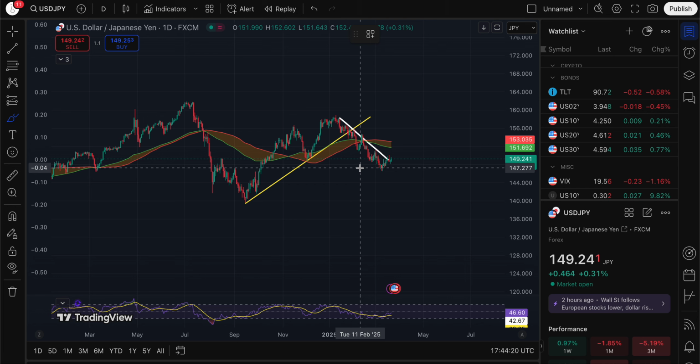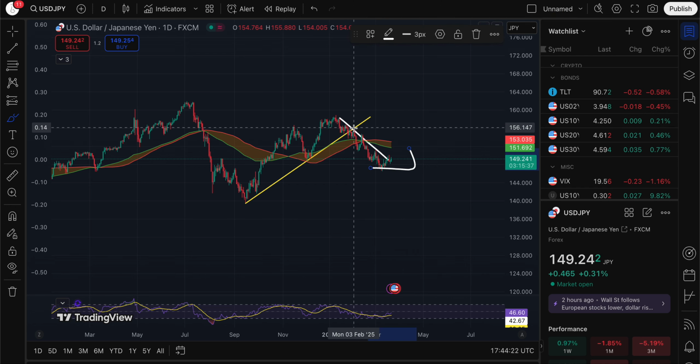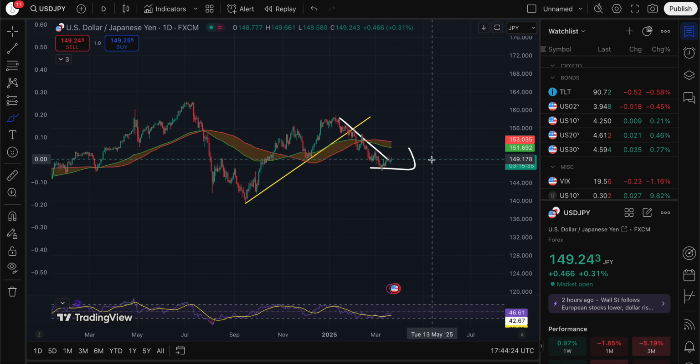So what you really have to pay attention to when it comes to the yen carry trade is the potential for a slower US economy and inflation being hotter in Japan, because either factor will cause the spread between the US 10-year and the Japanese 10-year, the JGB, to narrow.